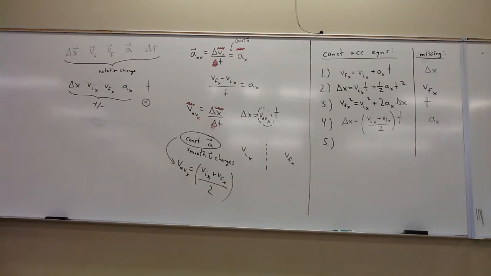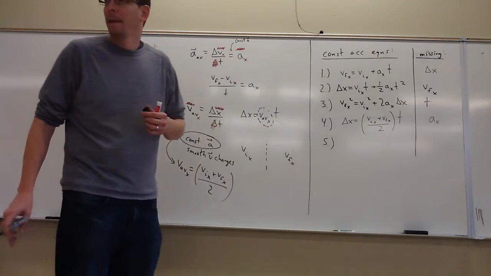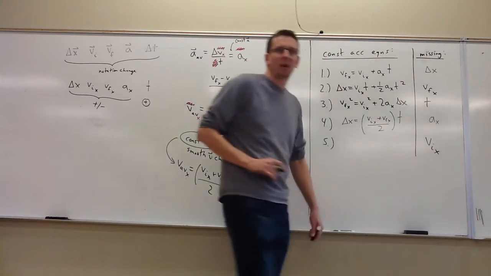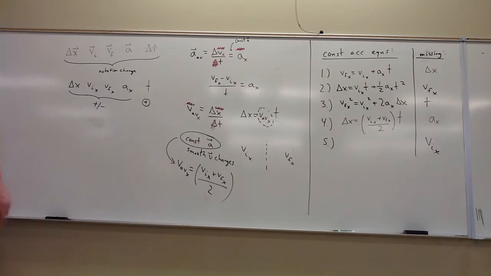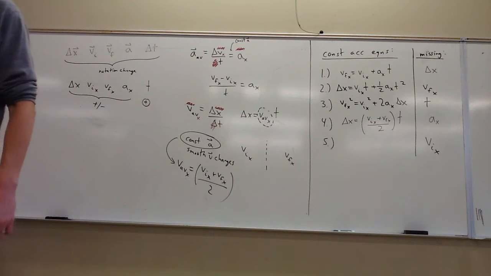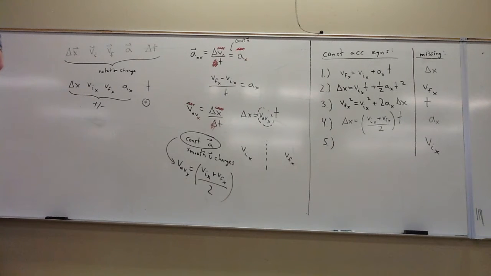Okay, and finally, which variable hasn't taken a turn yet with a breather? The initial. So that's our 5th and final equation. There are no more because there are no more variables left to take a turn sitting out. So that equation, pick your favorite two. They're multiplying, so you have options, right?